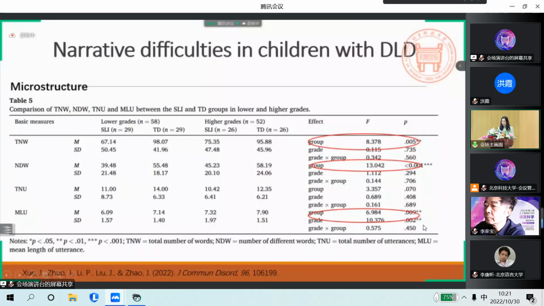This might have some implications that there is a developmental pattern. That means children might overcome their difficulty in the length of utterances with increasing education.